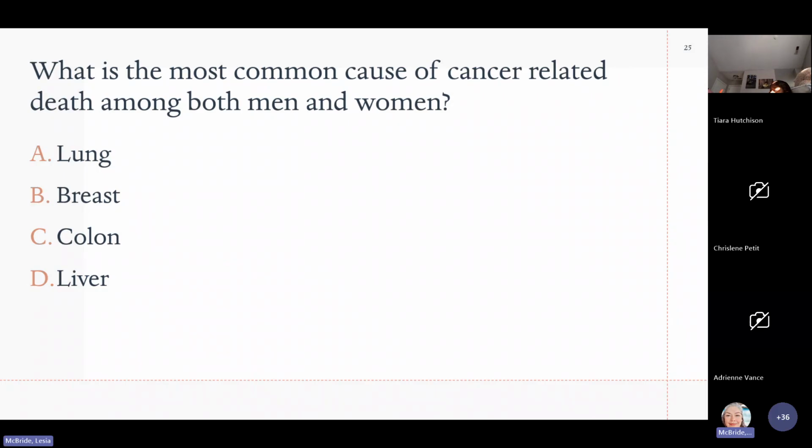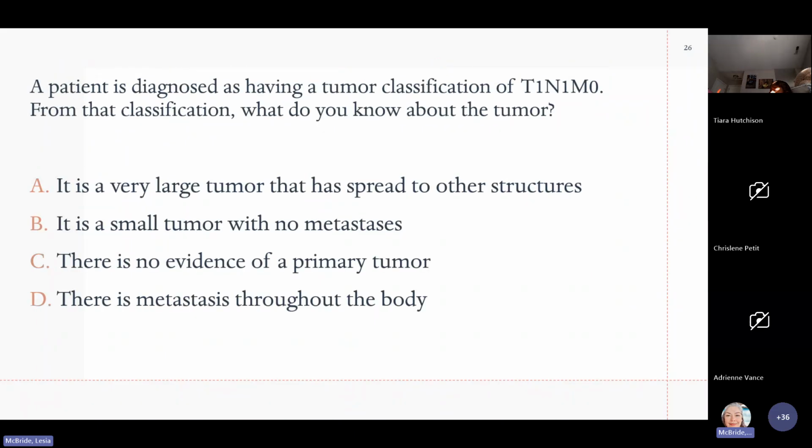I appreciate it. A patient is diagnosed as having a tumor classification of T1N1M0. From the classification, what do you know about this tumor? Okay, if you were given this on a test, T1 says they do have cancer, and N1 does say it has spread to the lymph node.